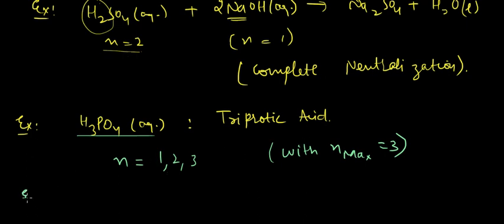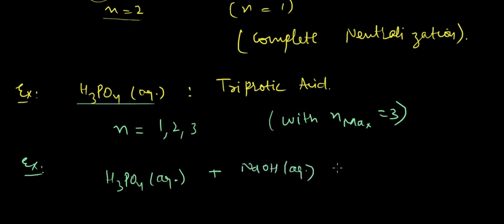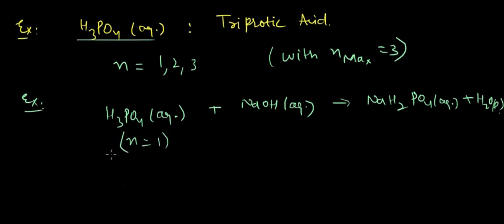Next let's see an example on the same. Suppose we have H3PO4 aqueous reacting with NaOH and forming NaH2PO4 aqueous plus H2O liquid. So the n factor of H3PO4 in this reaction would be 1.